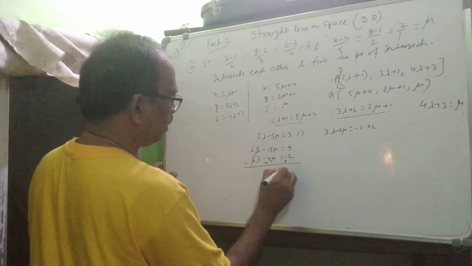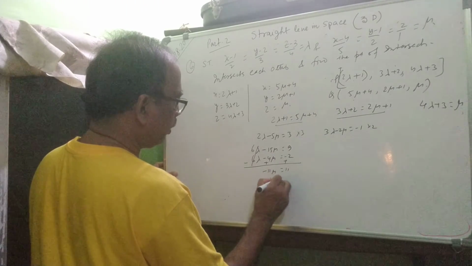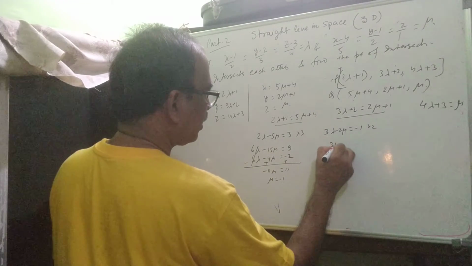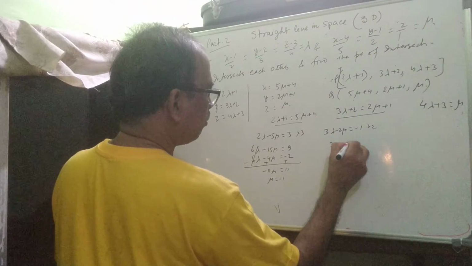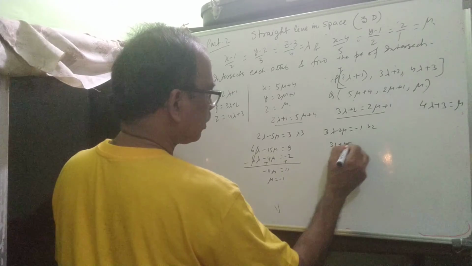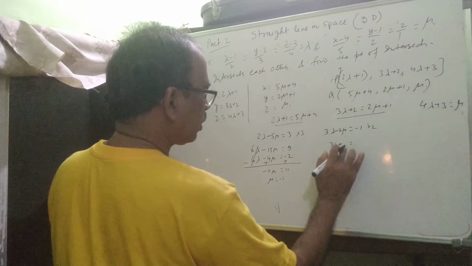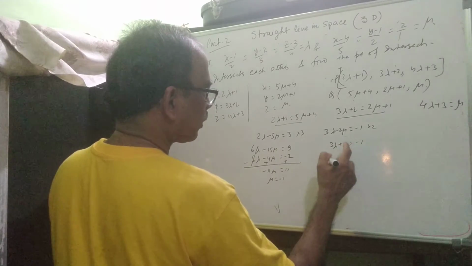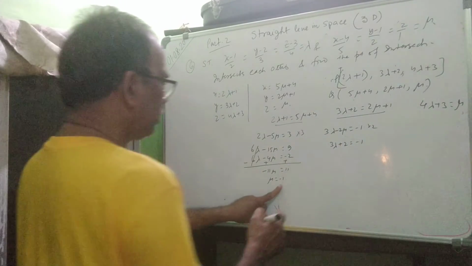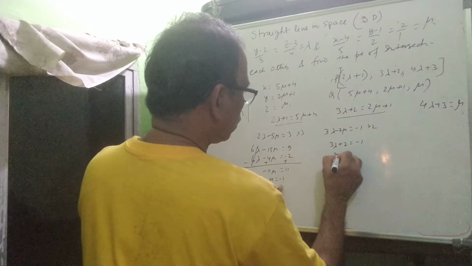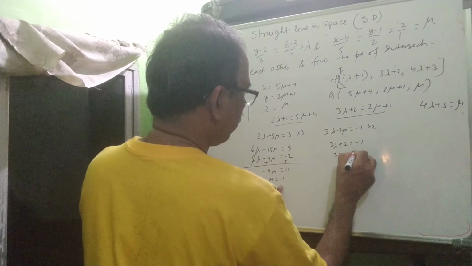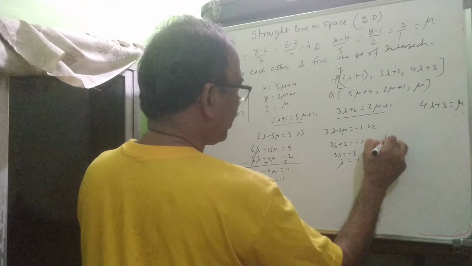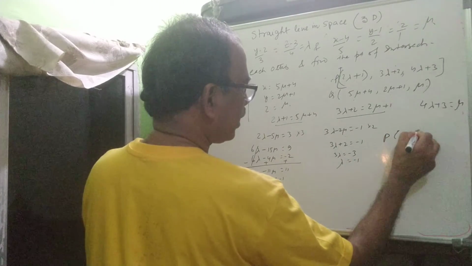Subtracting, minus 11 mu equals 11, then mu equals minus 1. Put the value minus 1 here: 3 lambda plus 2 equals minus 1, so 3 lambda equals minus 3, lambda equals minus 1. Here lambda and mu are both minus 1.